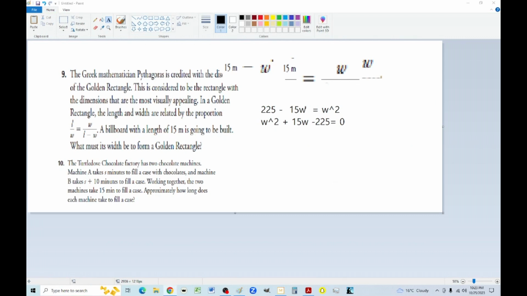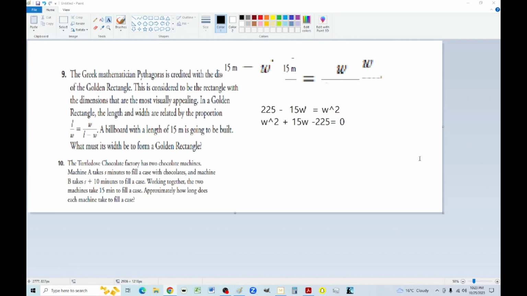I'm just going to use my quadratic formula calculator. I'm going to put in for A 1, B plus 15, and C is minus 225, and see what we get. Yeah, sure, we get these two possible answers.